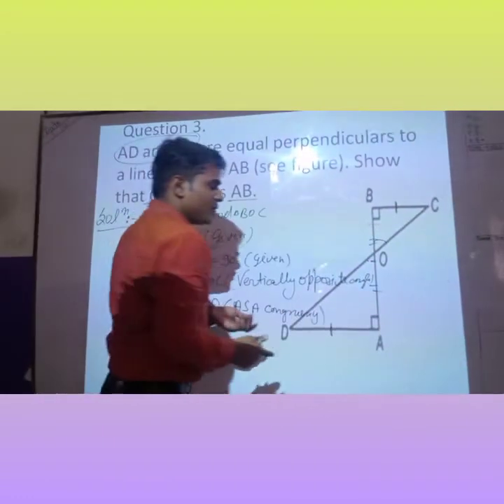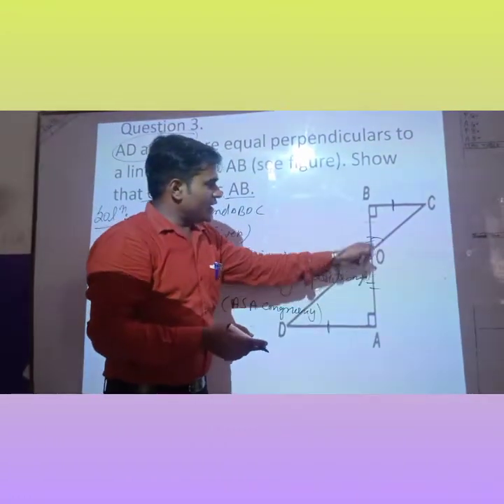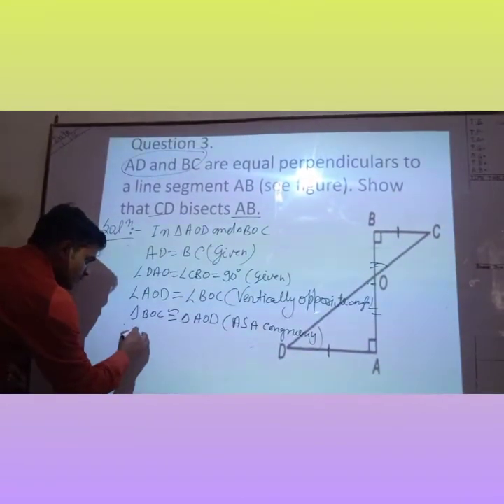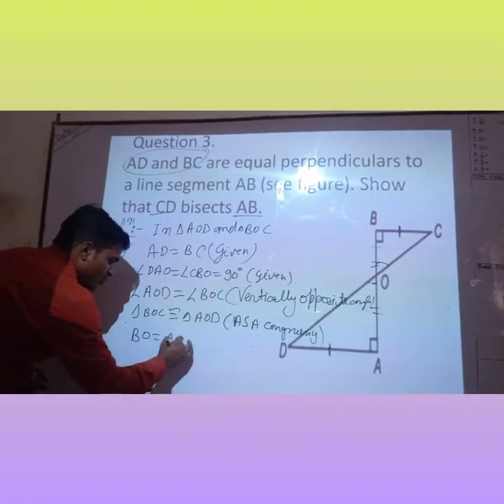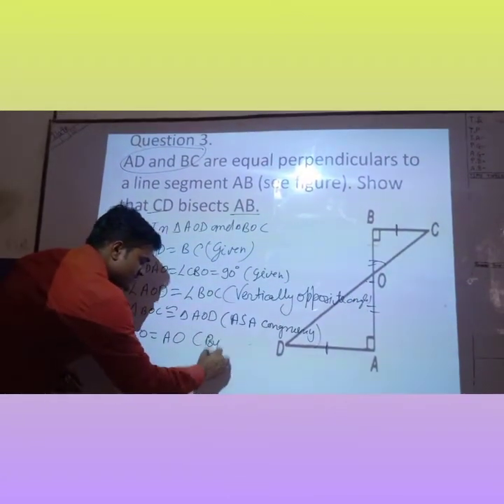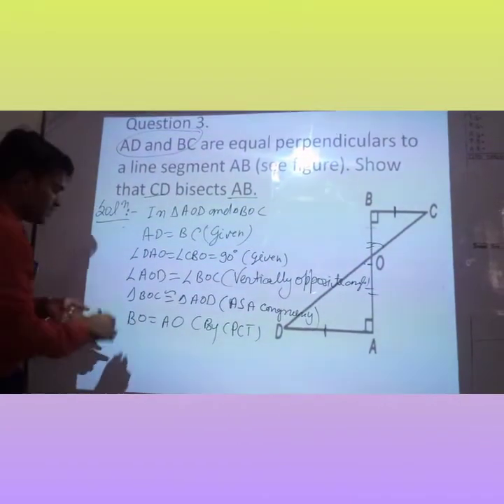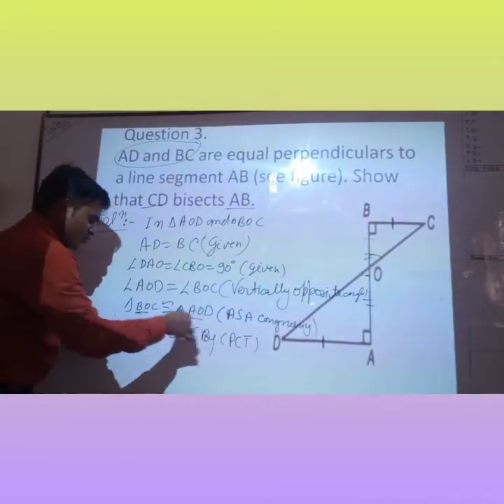CD bisects AB, it means AO and BO both are equal. So children, here BO is equal to AO, that is by CPCT. Corresponding part of congruent triangle, BO and AO both are equal.